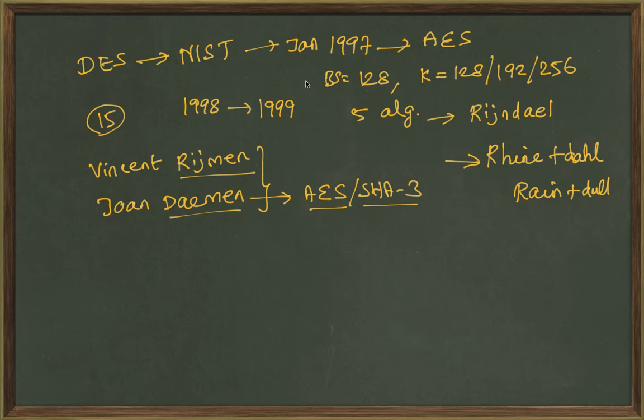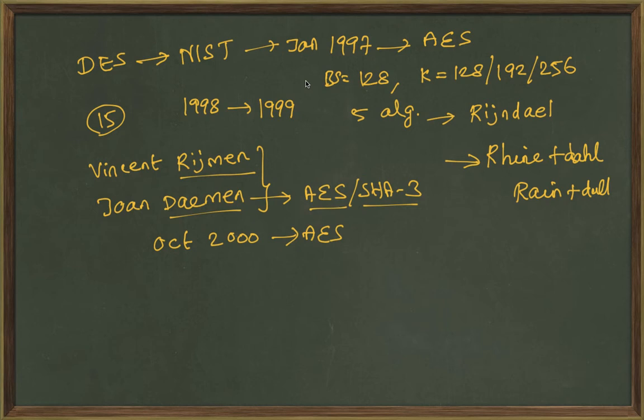Roughly in October 2000, they announced the winner, and the winning algorithm was renamed AES. Technically, there is a slight difference between Rijndael and the actual AES standard, but for most purposes you don't have to worry about those fine differences.